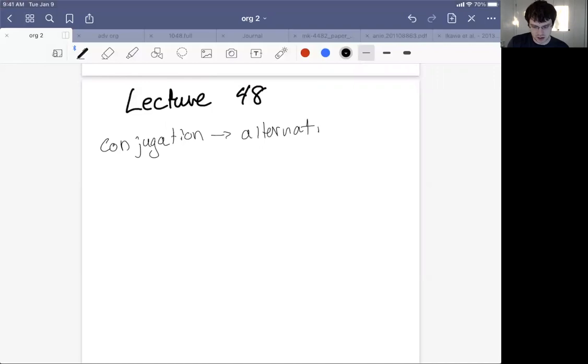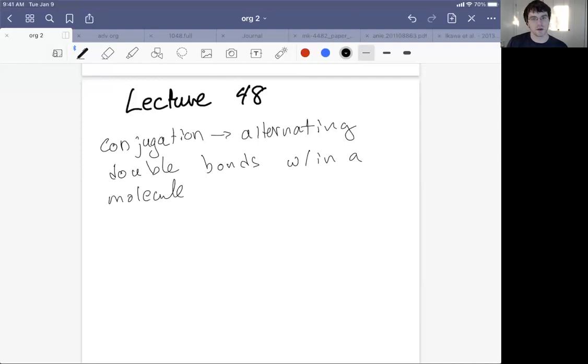This is alternating double bonds within a molecule. And so what I'm saying is kind of double, single, double. It's actually a little bit more than that, but this is a good starting place.